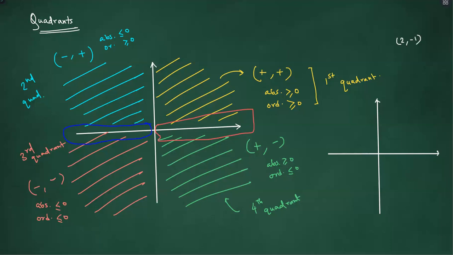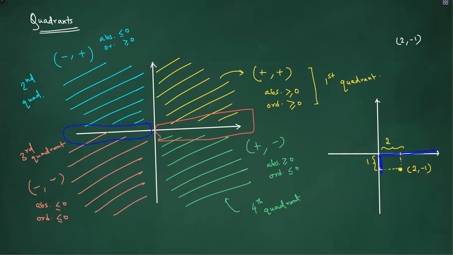So it is going to lie on this side, and negative 1 means towards the down. I'm going to move 2 units in this direction and 1 unit in this direction, and this point is going to be 2 comma negative 1, and this lies in the fourth quadrant.